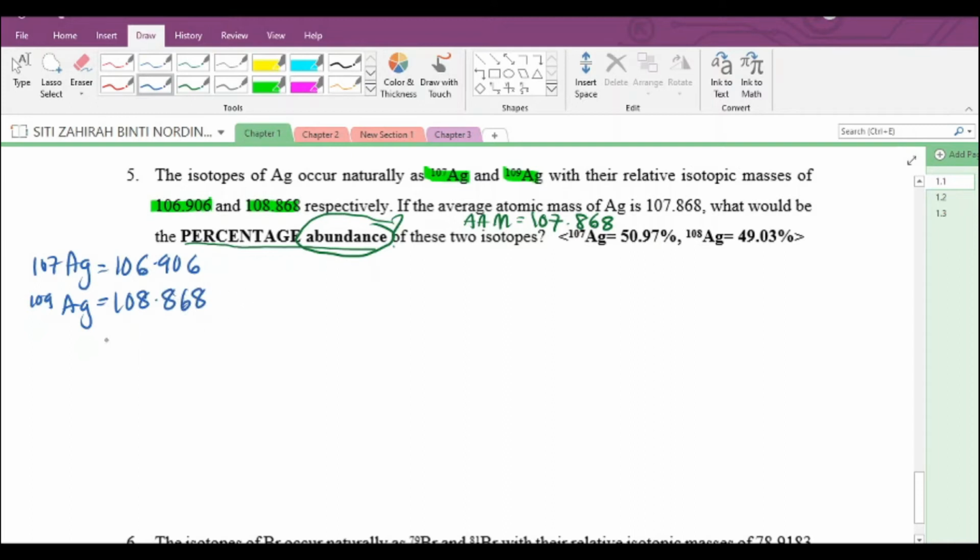So let's substitute the mass information into the Aam formula. So average atomic mass is equal to the sum of chemi over Q.